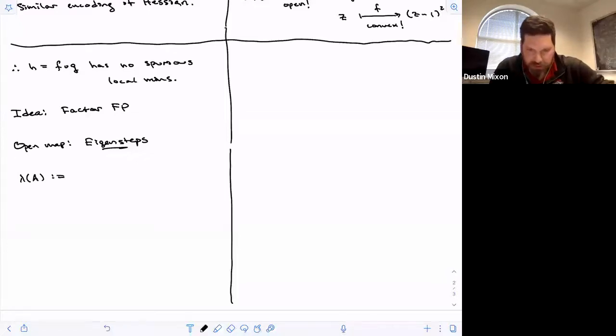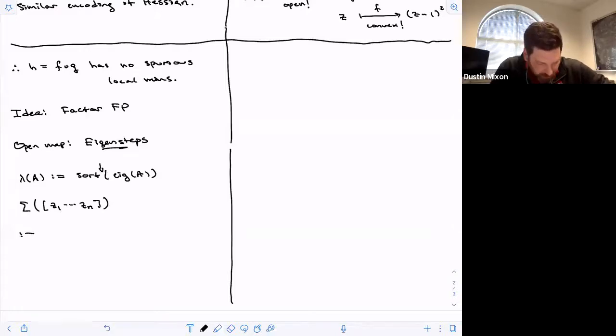So in order to convey what eigensteps are, I'll introduce some notation. Lambda of A is what I get when I sort the eigenvalues of A, in decreasing order: I start with the big number and then go down. Now, capital sigma of a matrix with columns Z1 up to Zn is another matrix of the same shape.